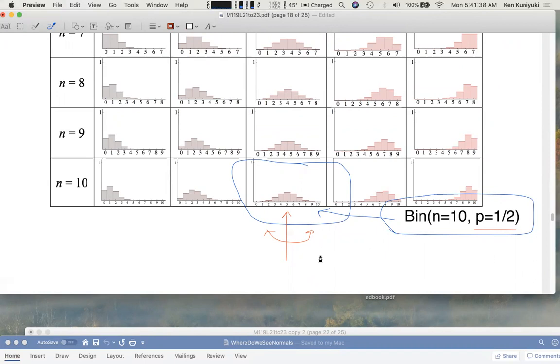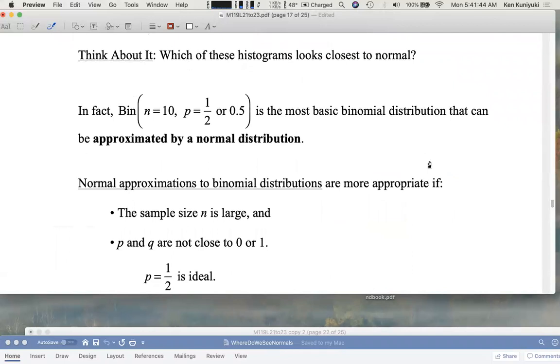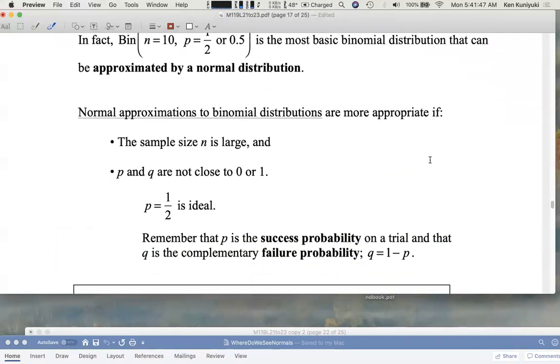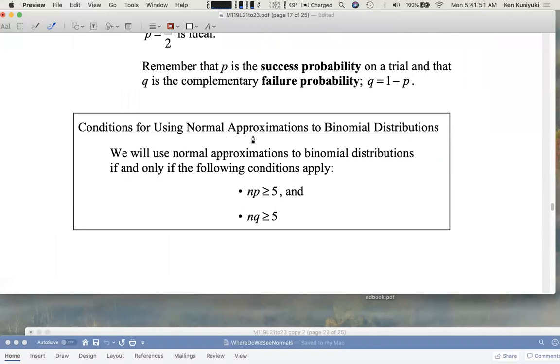When can we say that a binomial histogram looks normal? It's under these conditions. Conditions for using normal approximations to binomial distributions. We will use normal approximations to binomial distributions if and only if the following two conditions apply.